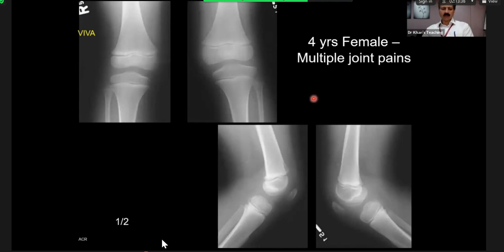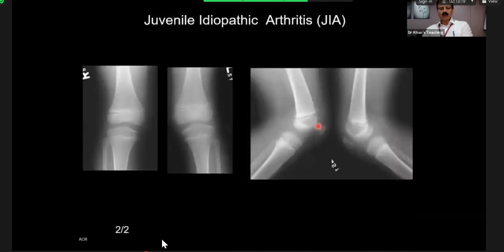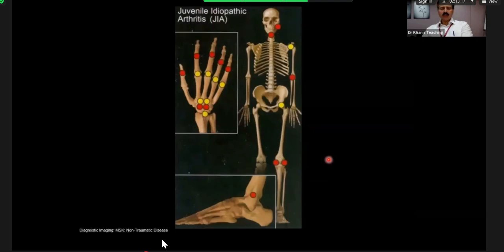Here what has happened, if you see this epiphysis and compare it with this one, this is bigger as compared to that. Look at this one, it is bigger as compared to that. Look at the lateral and look at this patella versus this patella. So how can you explain this? JIA. Now, JIA or juvenile idiopathic arthritis, clinically speaking, is a huge subject. I don't want to go into that.